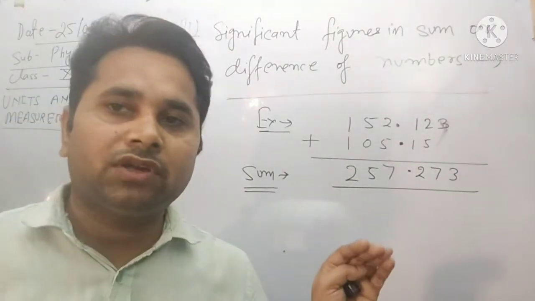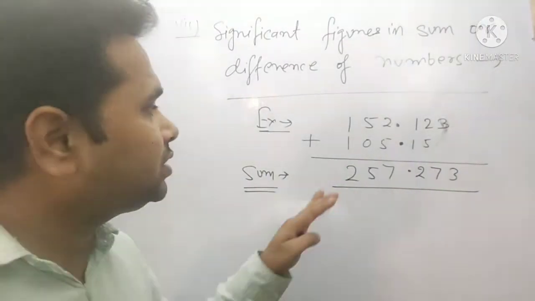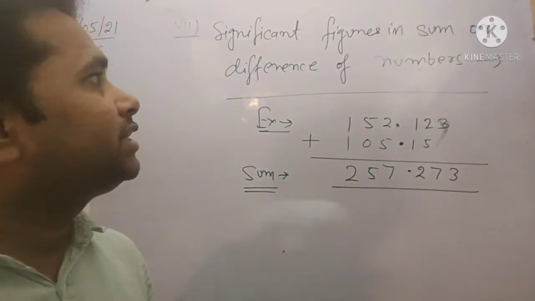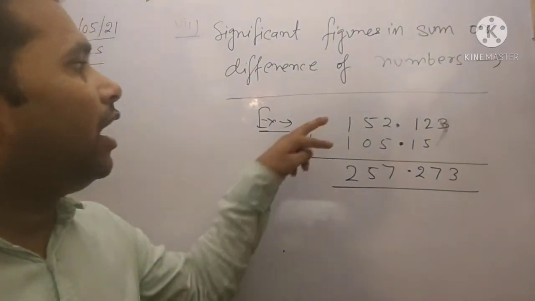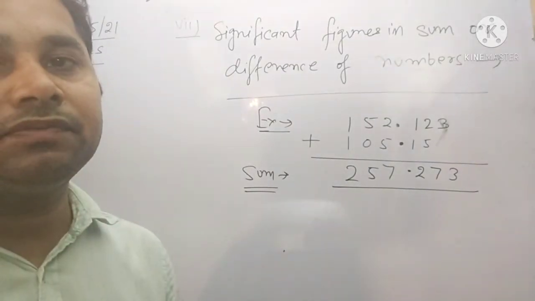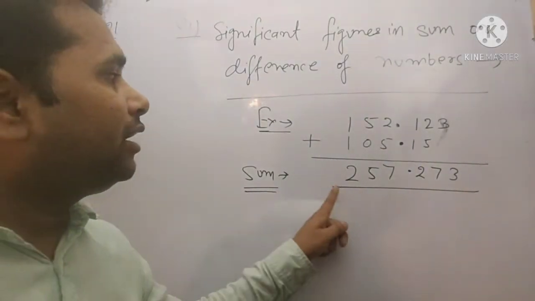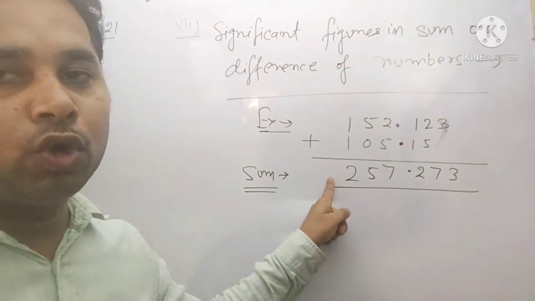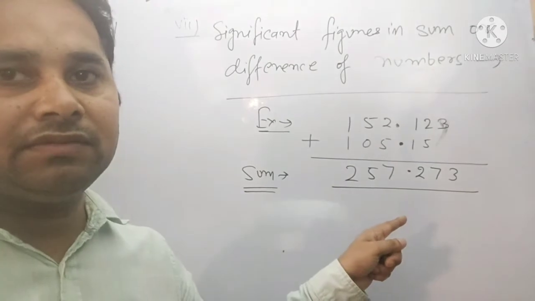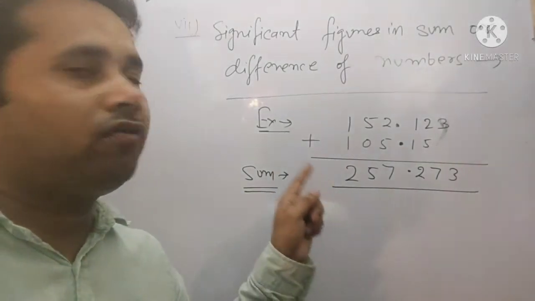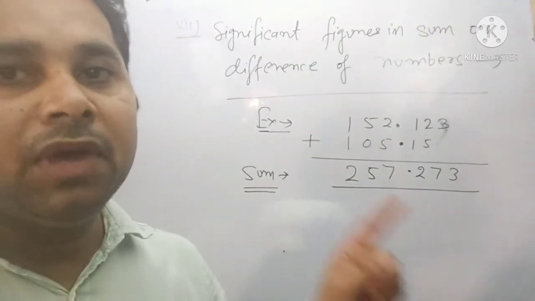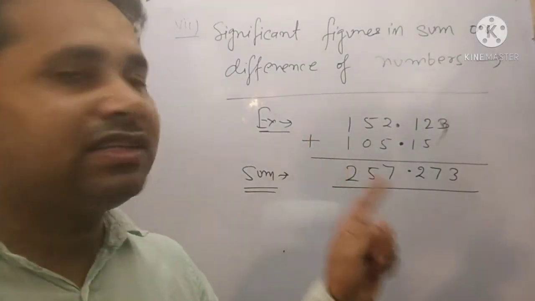Now see what the rule is to get the significant figures in the addition of two numbers. The rule says that when we are adding two numbers or getting the difference of two numbers, then the final result should be reported with the same number of decimal places as that of the original number with the minimum number of decimal places.